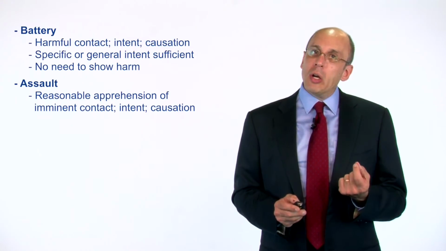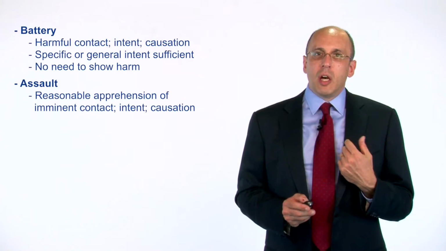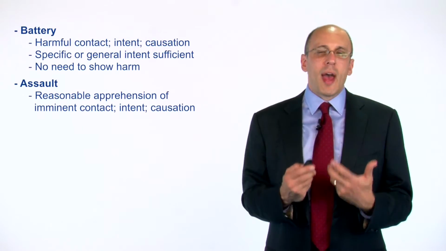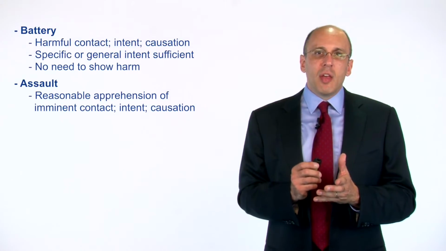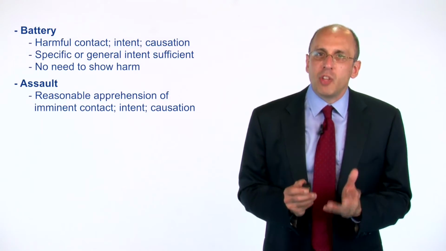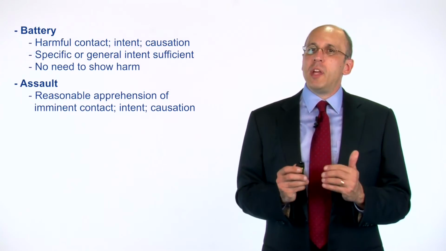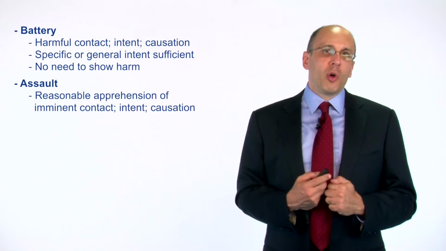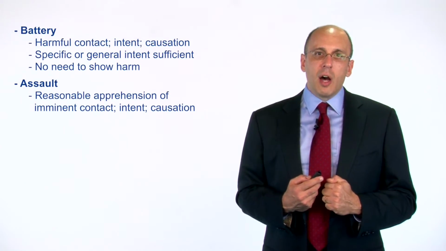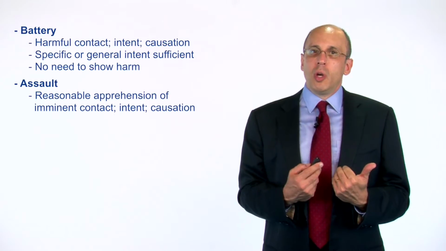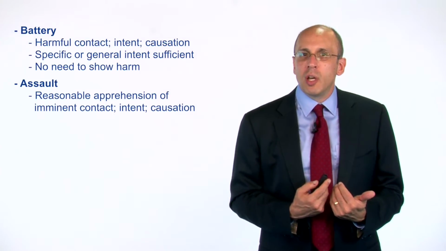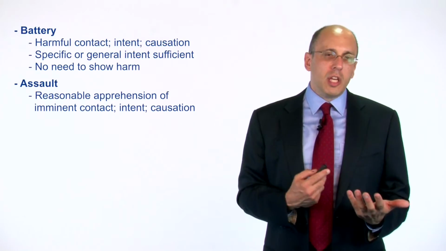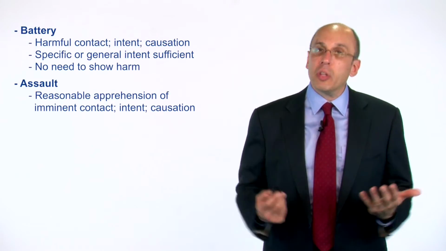So here, the defendant only has to act in a way that gives the plaintiff a reasonable apprehension that there's going to be imminent harmful or offensive contact. The defendant has to intend to cause such apprehension, and the plaintiff has to actually feel the apprehension.